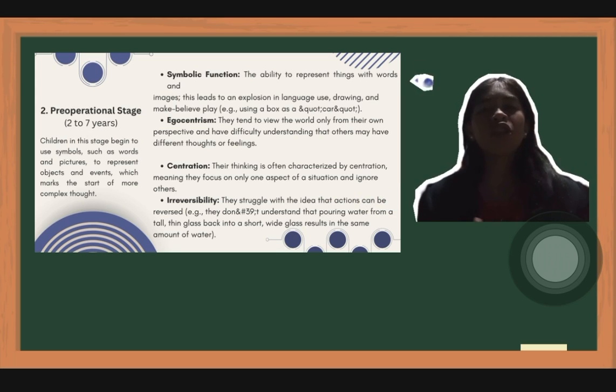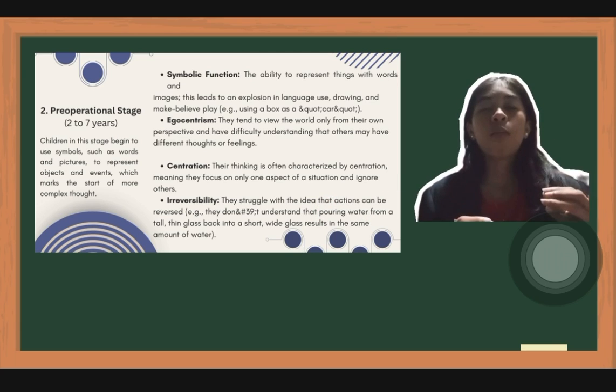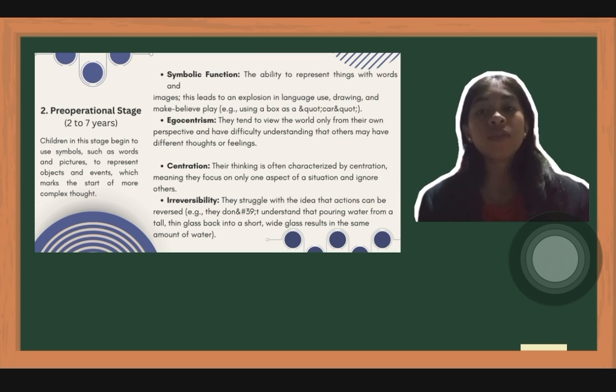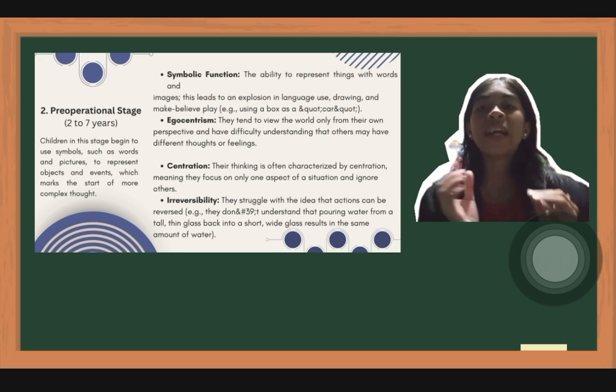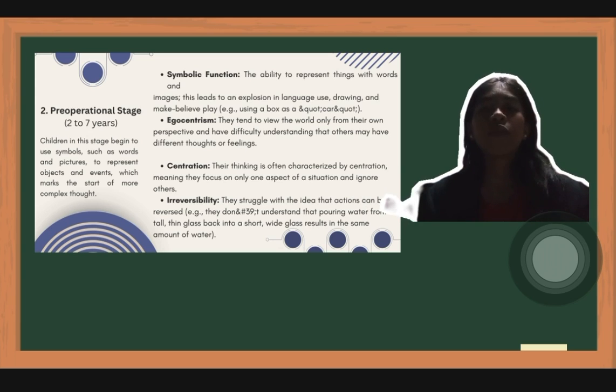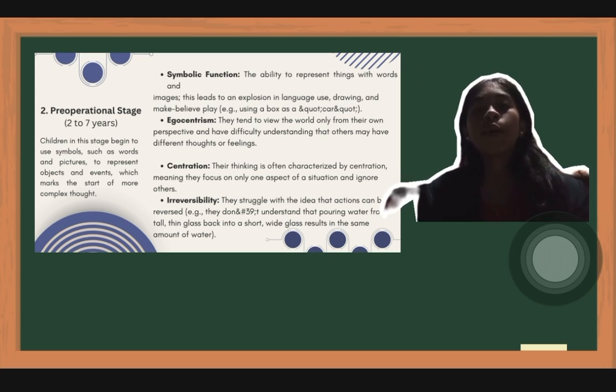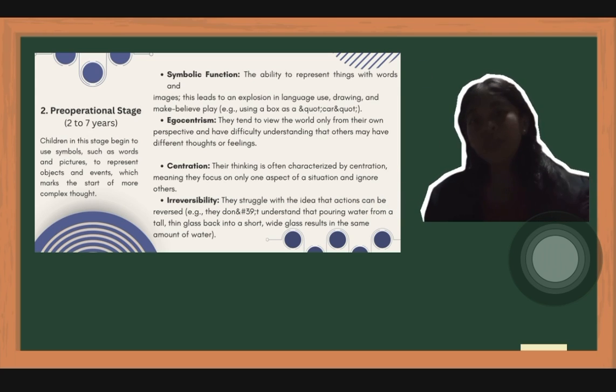They often show egocentrism, meaning they struggle to see things from other people's perspectives, and animism, where they believe inanimate objects have feelings. Language develops rapidly and becomes expressive, though it may still lack logical structure.